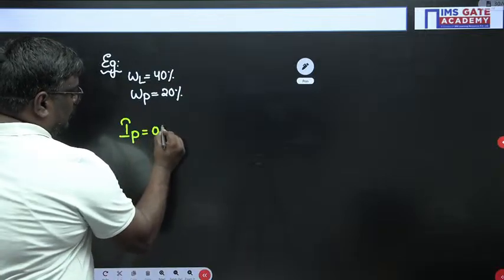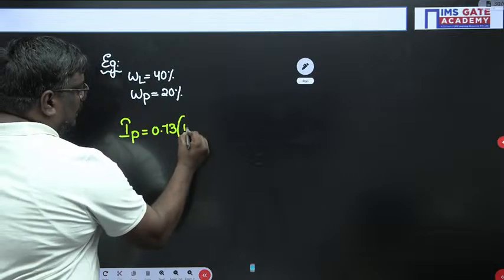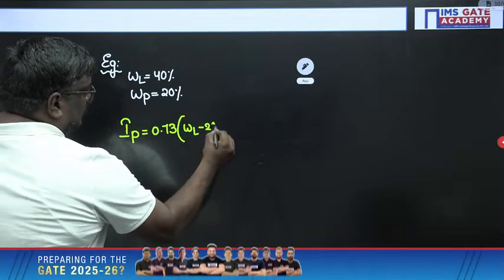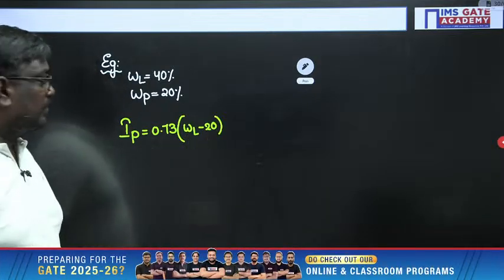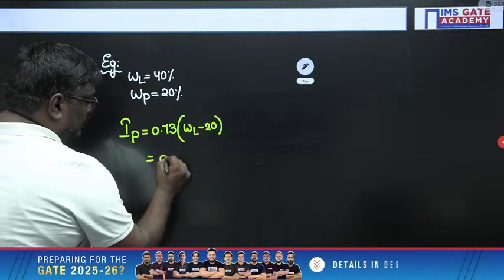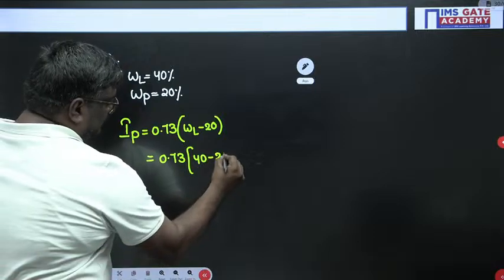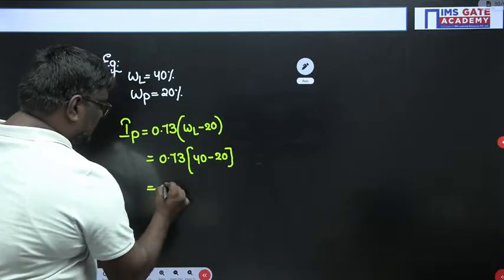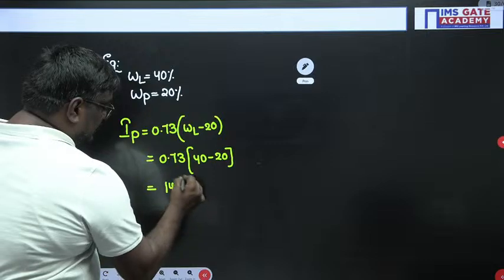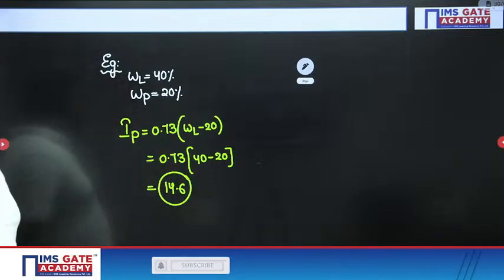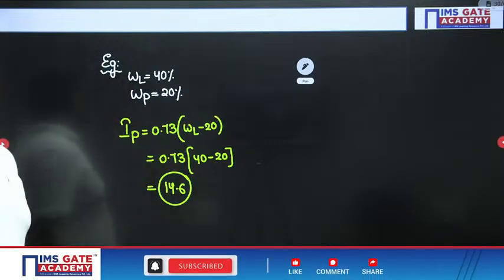IP is equal to 0.73 into WL minus 20, so 0.73 into 40 minus 20, which is 14.6. This is the IP value, or the location of A line.